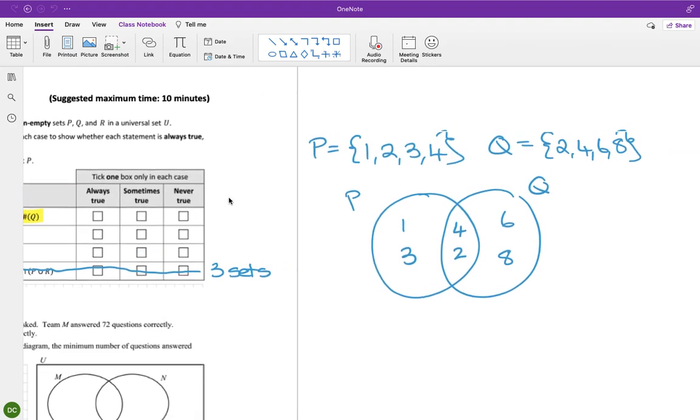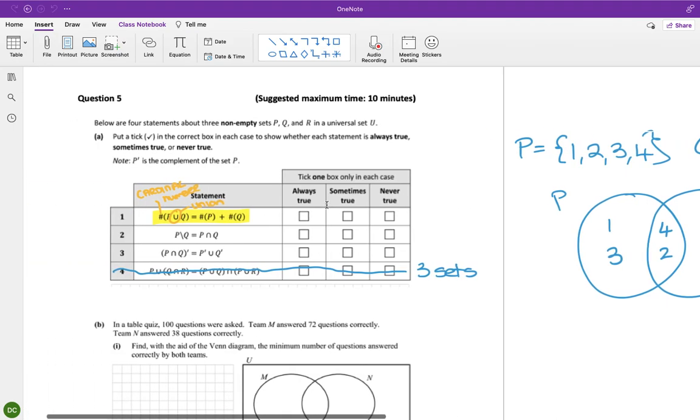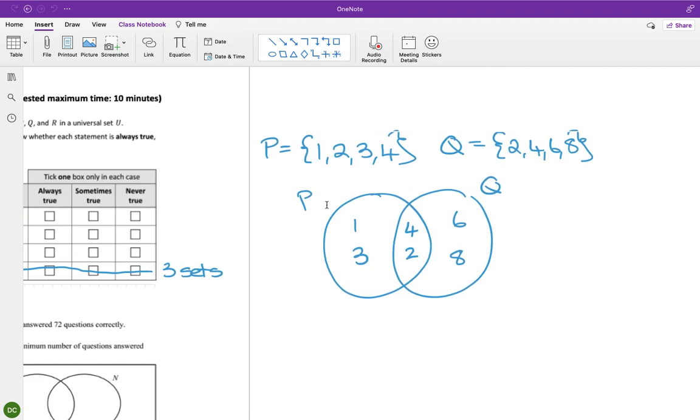So the statement says that the cardinal number of the union is equal to the cardinal number of P plus the cardinal number of Q. So what in this case is the cardinal number of the union? 1, 2, 3, 4, 5, 6. That is the cardinal number of the union. Agreed? Right.